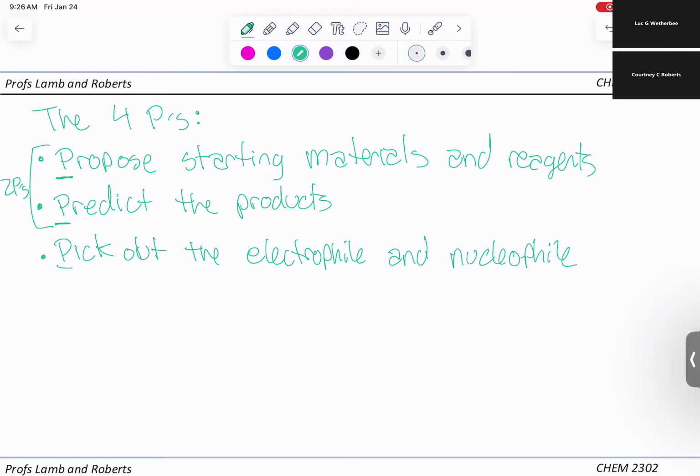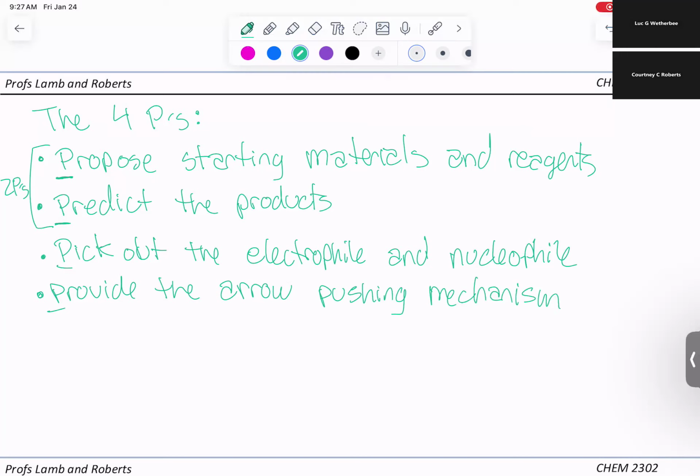We did an in-depth analysis of what is electrophilic, what is nucleophilic. And then you need to get going on your provide the arrow pushing mechanism. All right, these are the 4 Ps.